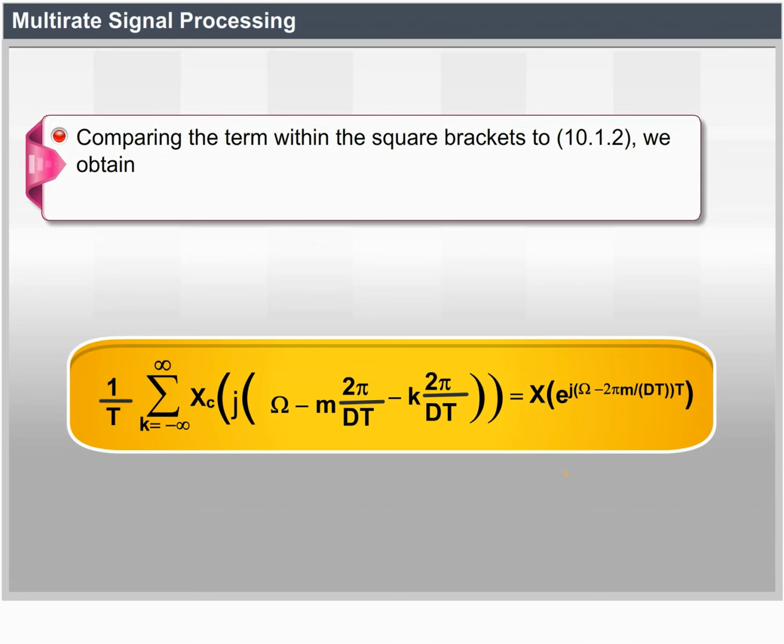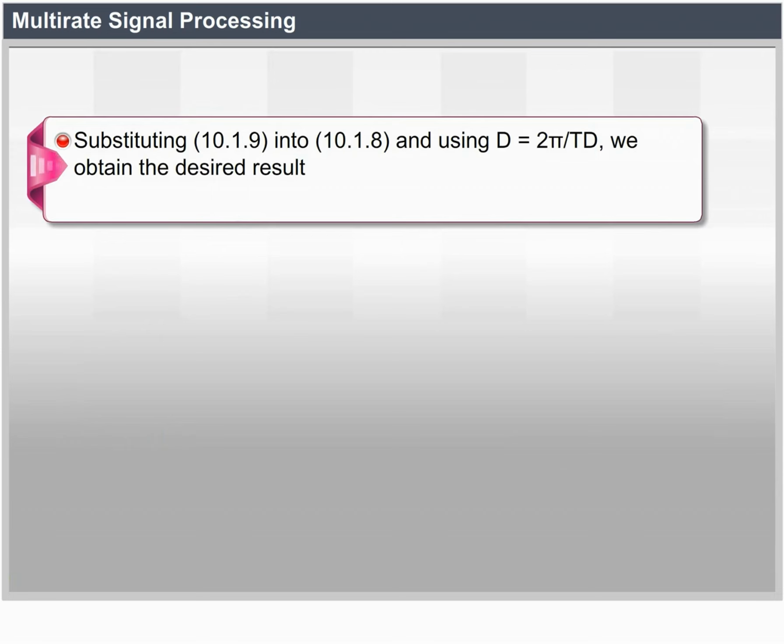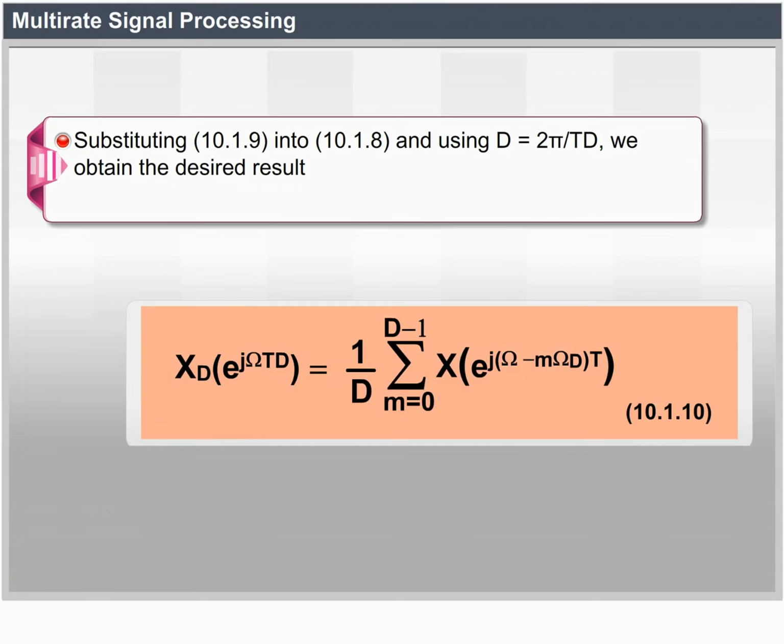Substituting 10.1.9 into 10.1.8 and using ωd = 2π/Td, we obtain the desired result Xd(e^{jωTd}) = (1/d) Σ_{m=0}^{d-1} X(e^{j(ω - mωd)T}), called equation number 10.1.10.